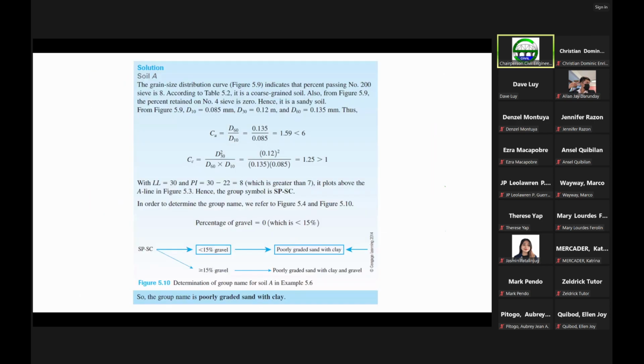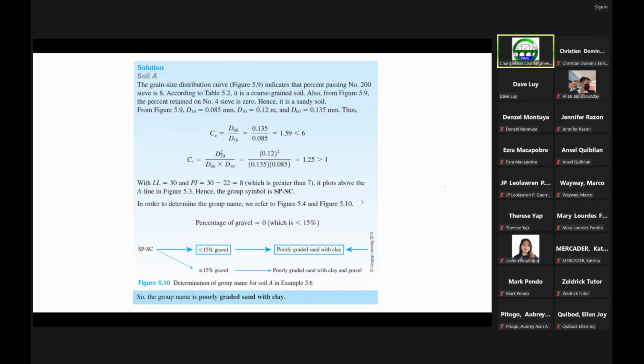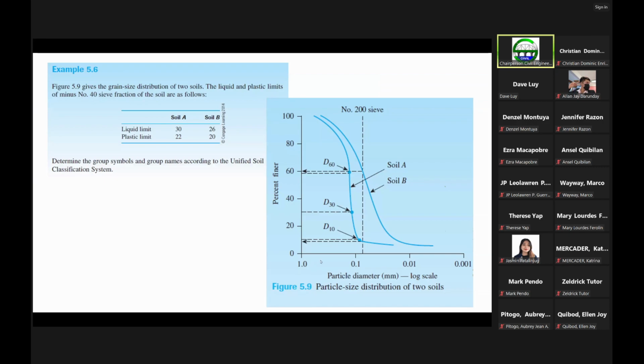Then also from this figure, the percent retained on the number 4 sieve is 0. Why 0? Because the number 4 sieve is equivalent to 4.75 millimeters, but if we look at the graph, the maximum particle diameter is only 1 millimeter.